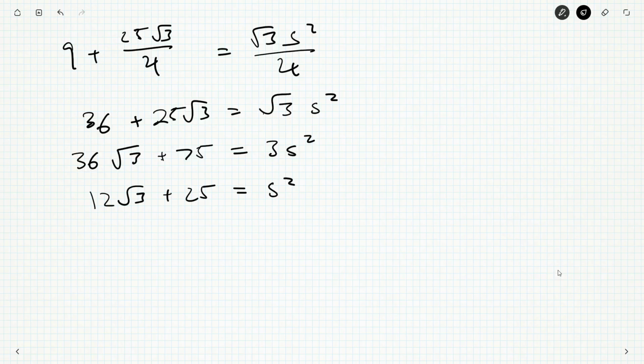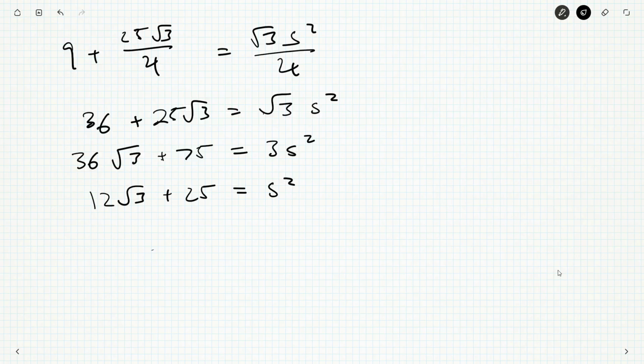Oh boy. Okay. So that's going to be 3 squared plus 12 root 3 plus 4 squared. I mean, yes, that's true, but it's not going to be a helpful way to break that up.